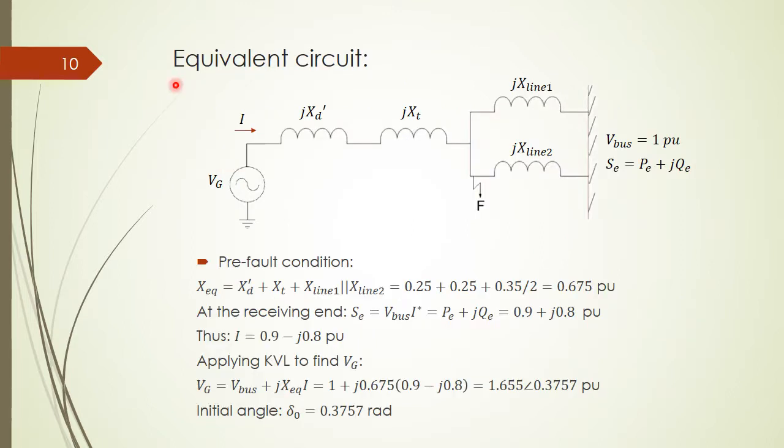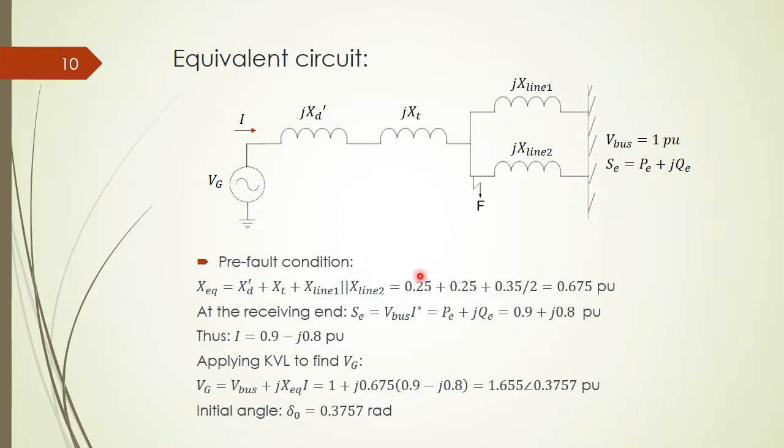So first we draw the equivalent circuit. So the generator will be redrawn as a voltage source Vg in series with a reactance XD prime. The transformer will be replaced with an inductor jXT. Two transmission lines will be redrawn as two reactances X line 1 and X line 2 in parallel.